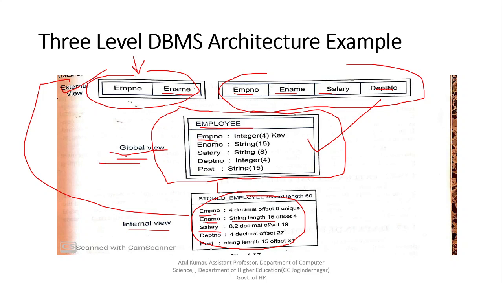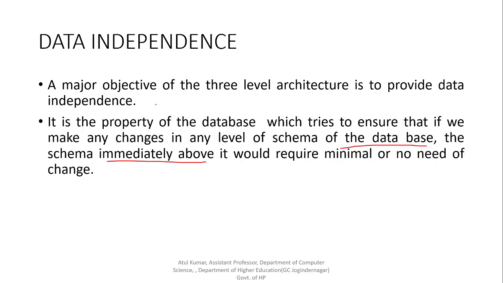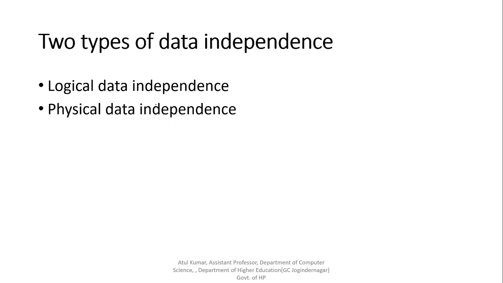Suppose we want to change the conceptual level, it will not affect the external view, and this is called data independence. So we have two types of data independence in case of DBMS. We have logical data independence and we have physical data independence.